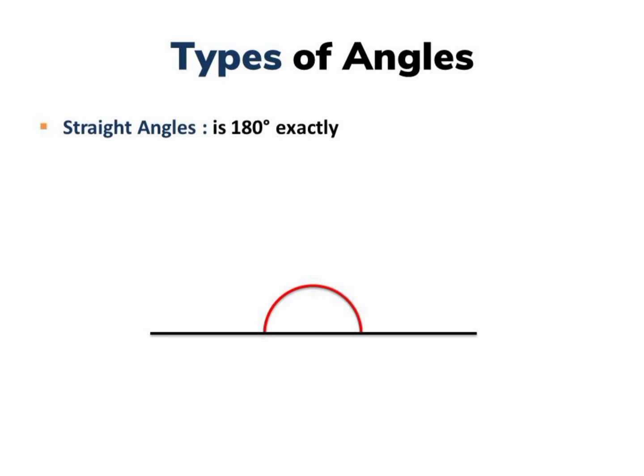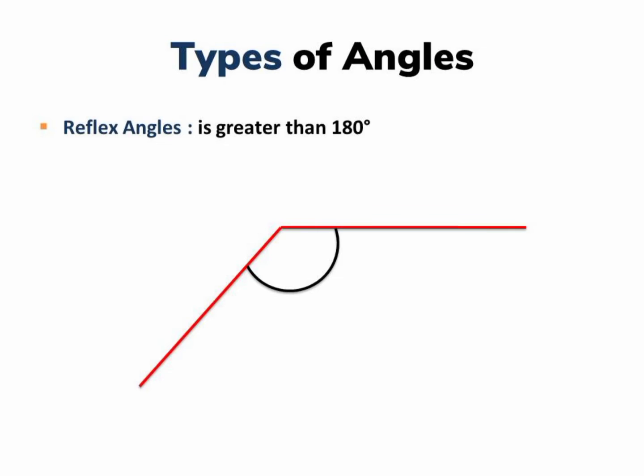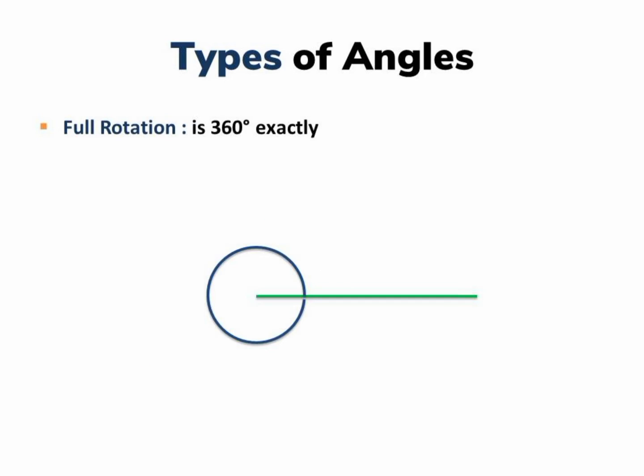The result looks just like a straight line, which is why it's called a straight angle. Fifth is reflex angles, which are greater than 180 degrees. The last one is full rotation, which is exactly 360 degrees.